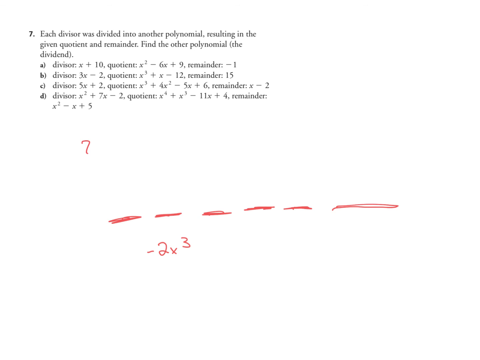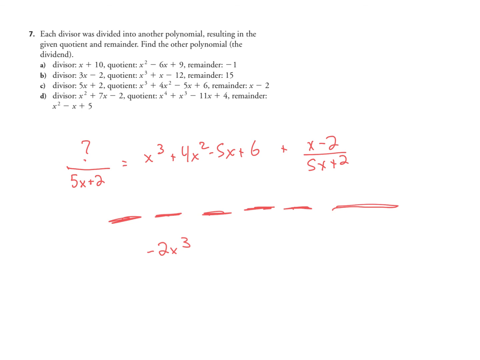We're saying some dividend divided by the divisor, which is 5x plus 2, is supposed to be equal to the quotient of x cubed plus 4x squared minus 5x plus 6 with a remainder, so it's going to be plus x minus 2 over 5x plus 2. Well, that's strange that they would have a remainder that's the same degree as a divisor. They just didn't do a very good job at all. Anyways, let's do it anyway.